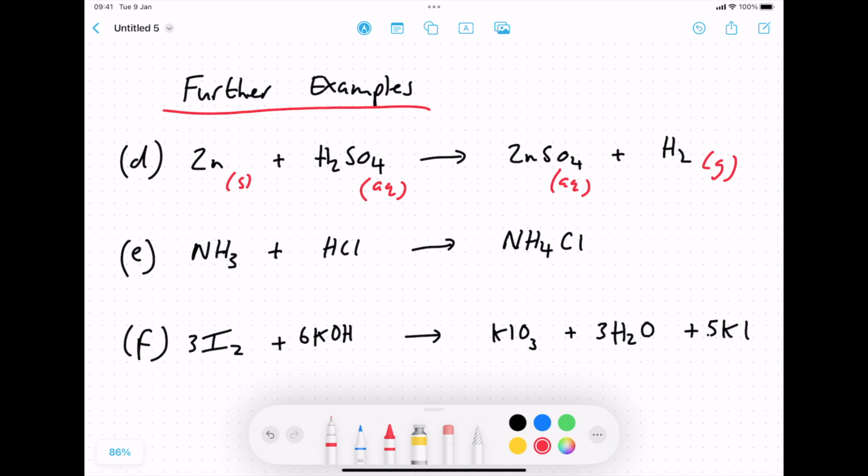For the next one, ammonia can actually be a liquid or a gas. So usually you will be given more information about this in the question. So in this particular case, I've taken it from a question where ammonia is a gas. It is reacting with hydrogen chloride gas as opposed to hydrochloric acid. Again, I was told this in the question, so it's a gas.